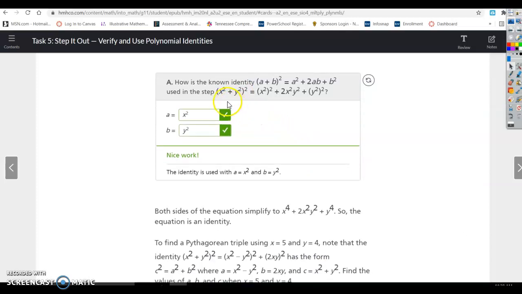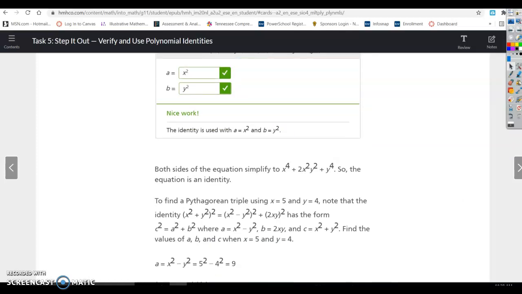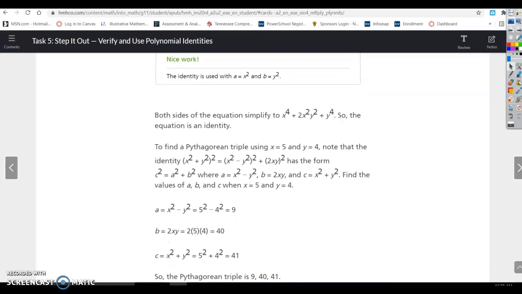So again, this is the same format, just different variables with a higher exponent. The identity was used with a equal to x squared and b equal to y squared. Both sides of the equation simplify to the same thing, so the equation is an identity.